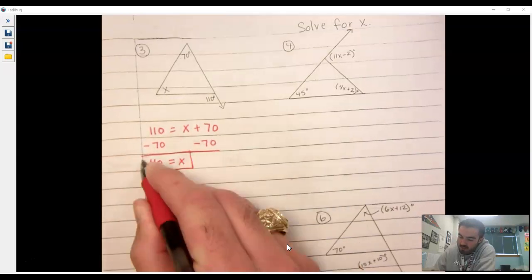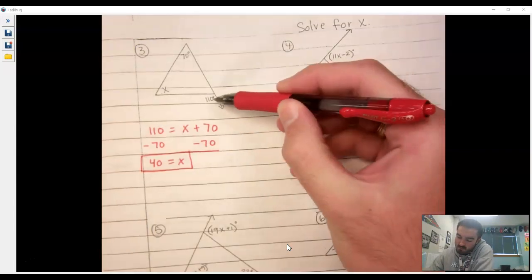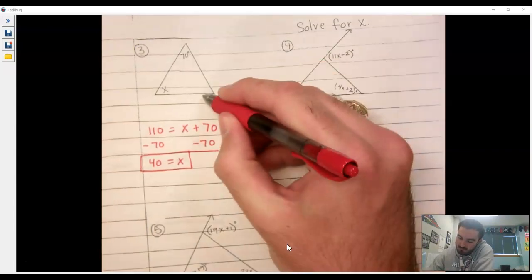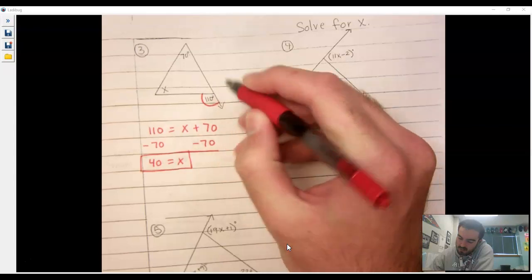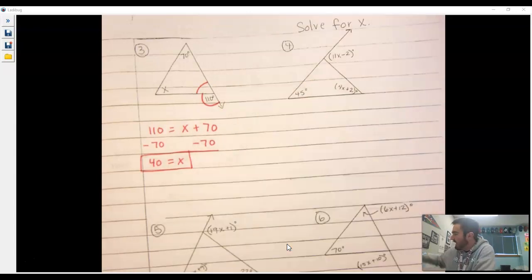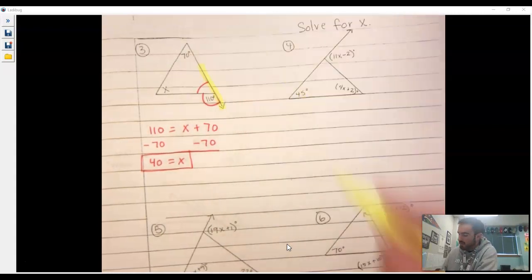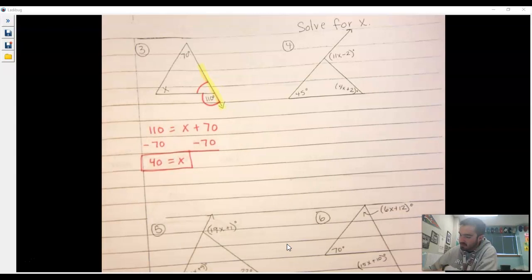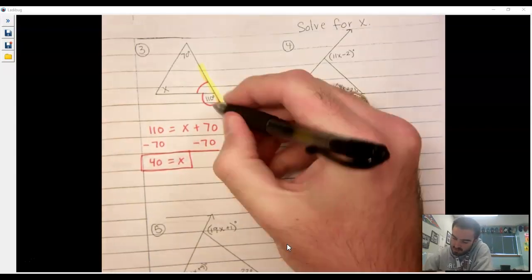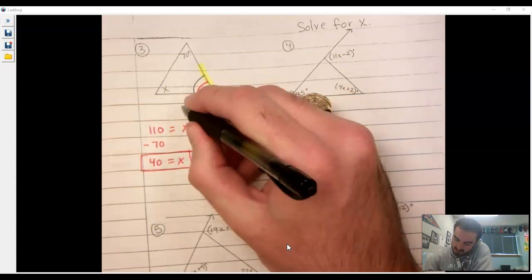We figured it out. Now, I want to show you something real quick, another way we could have figured this out. So if you see here, 110, this angle, and this angle, they lie on a straight line. If you remember, straight lines make the two angles that lie upon it add up to 180 degrees.